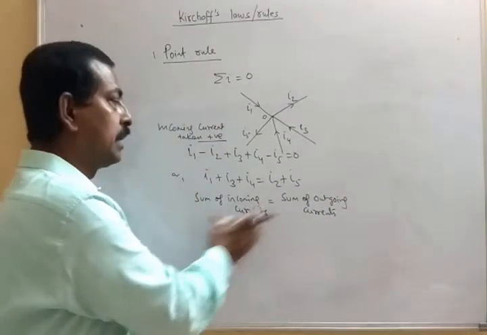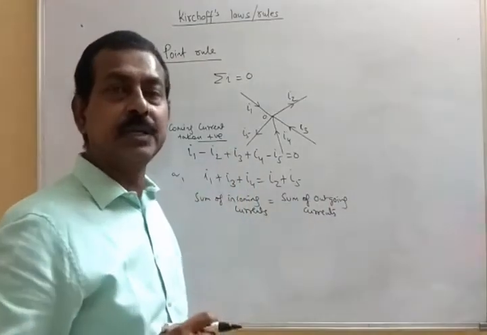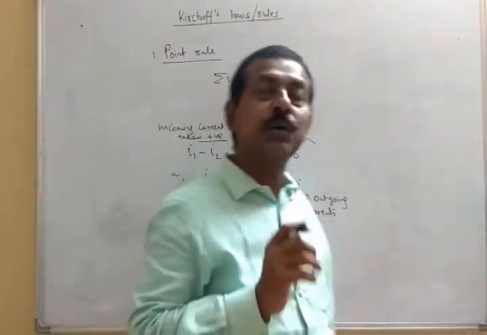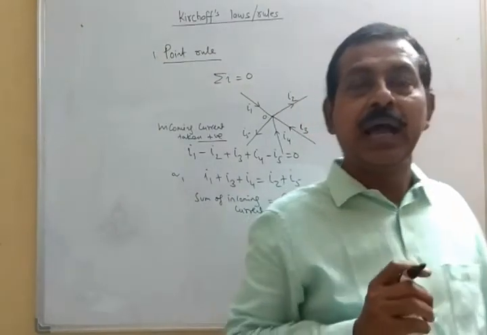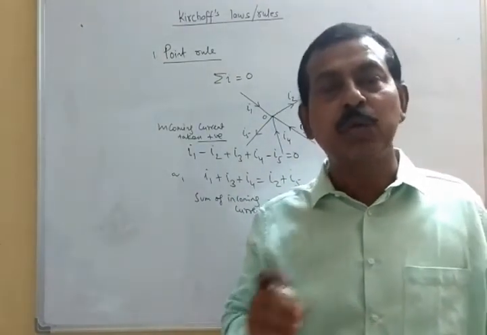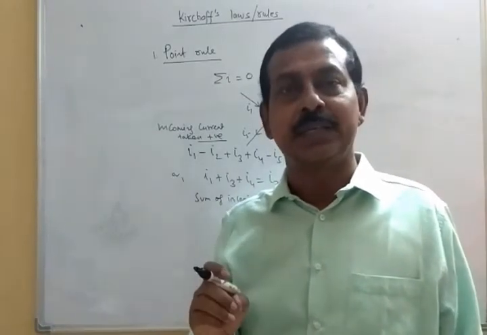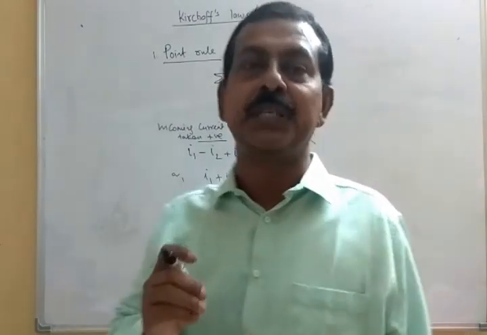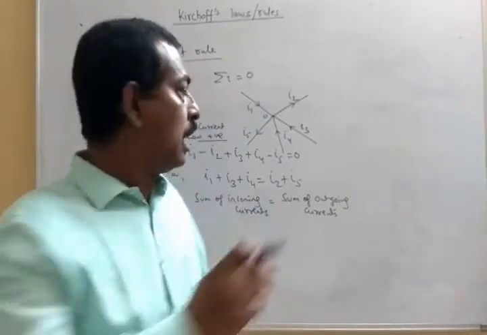So the point rule we can also state as: the sum of incoming currents is equal to the sum of outgoing currents. This is basically the point rule.